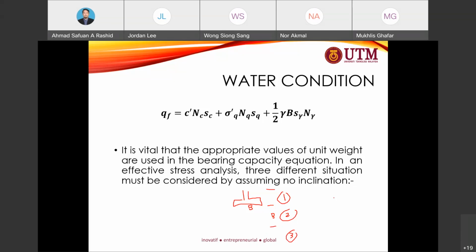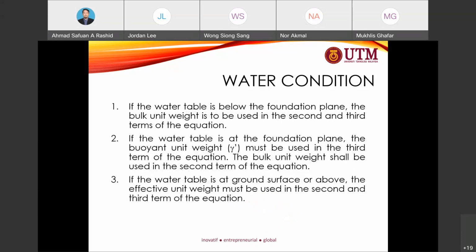So it is vital that the appropriate value of unit weight is used in the bearing capacity equation. In an effective stress analysis, three different situations must be considered, assuming no inclination. If the water table is below the foundation plane, the bulk unit weight is to be used in the second and the third term of the equation.